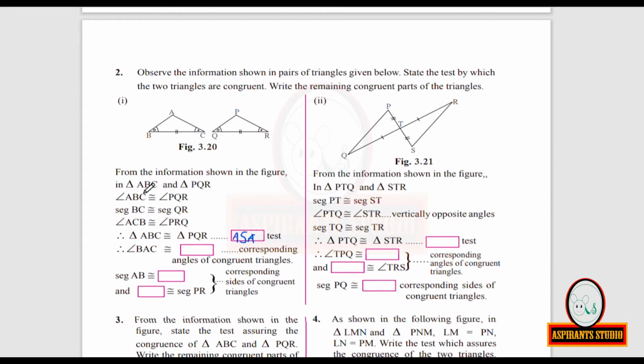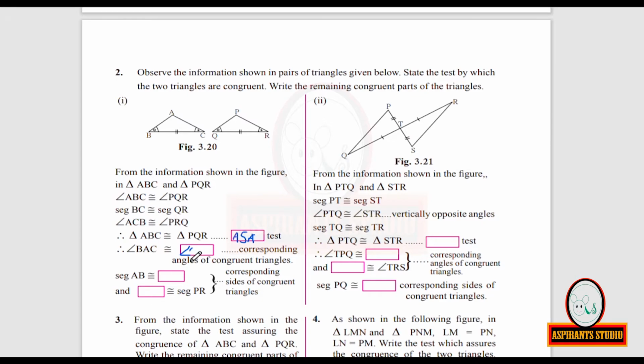A corresponds to P, B corresponds to Q, and C corresponds to R. Accordingly, you have to write the name of the angle. So now the corresponding angle of the congruent triangle will be QPR. Angle QPR.